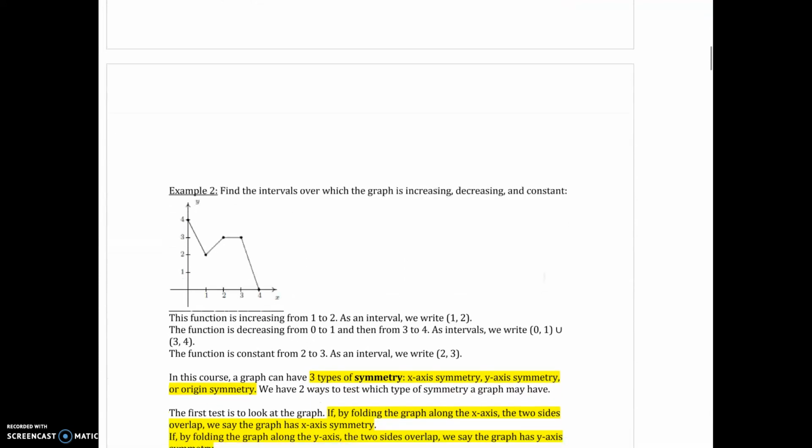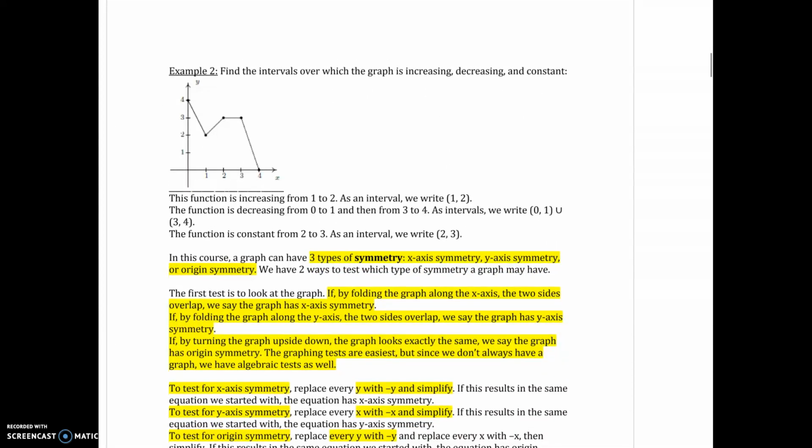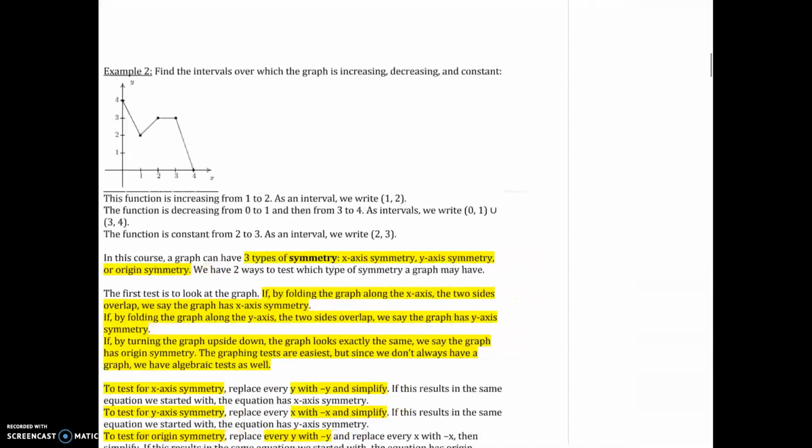All right, so find the interval over which the graph is increasing, decreasing, and constant. I would like to remind you how to prove that a function is constant, increasing or decreasing. For that, it's pretty simple. I'm going to take a very simple line on the Cartesian coordinate system, and I can take 2 points on that line. Each of these points is defined by a coordinate x2, but also by a coordinate y2, which is the value of your function when x equals x2.